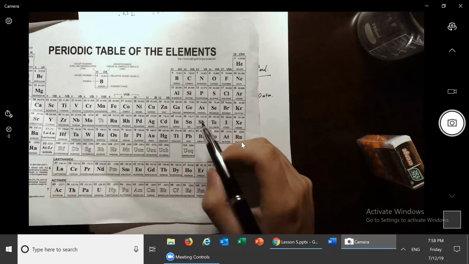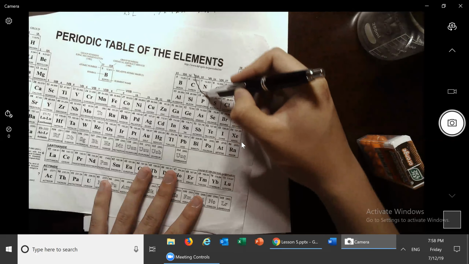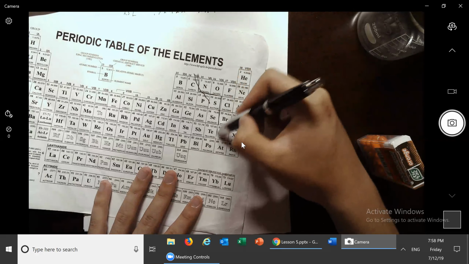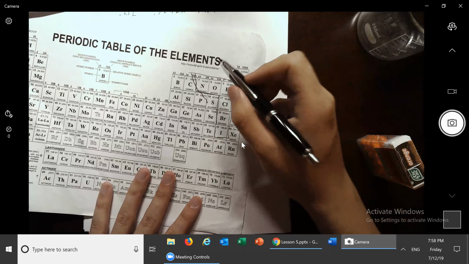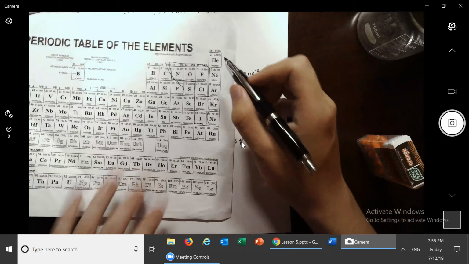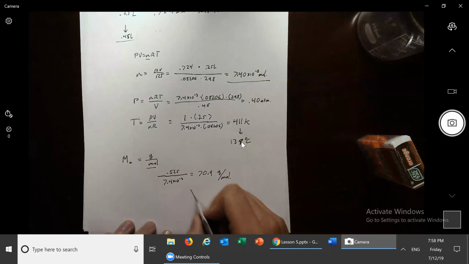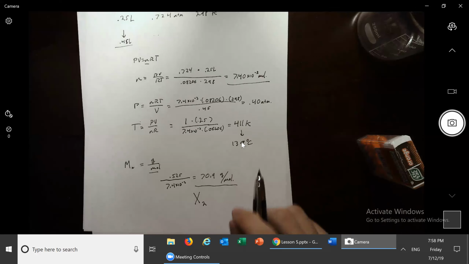The important thing to know is that these elements exist as diatomic molecules, because the molecules are the element two. So this is the molar mass of the molecule. We need to find the molar mass of the element, so we divide this by 2.